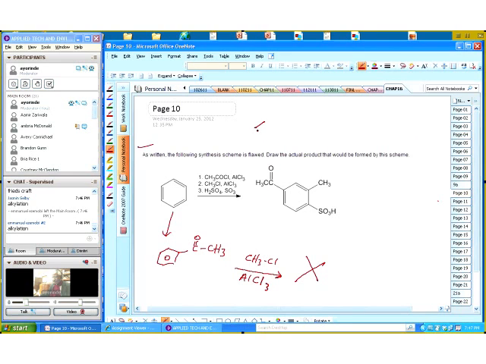In other words, supposing I give you this, if you look at all of those that we call deactivators, if I give you this and I say, okay, this reaction here, what is the product?